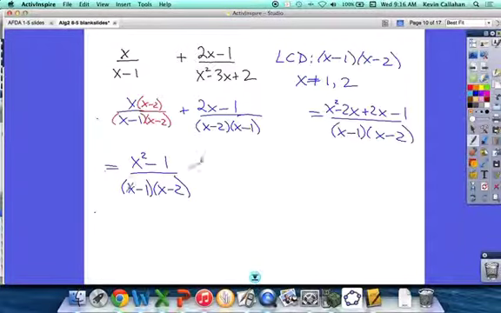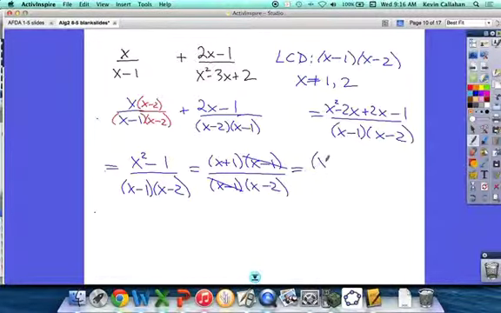If I write this as x plus 1 times x minus 1 divided by x minus 1 times x minus 2, then you can cancel the x minus 1s. And what's left? X plus 1 over x minus 2.